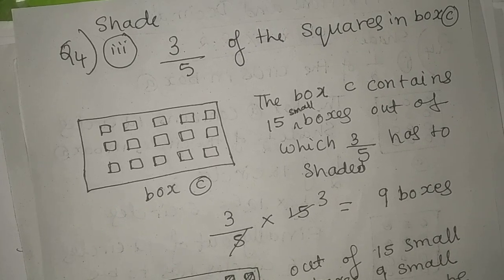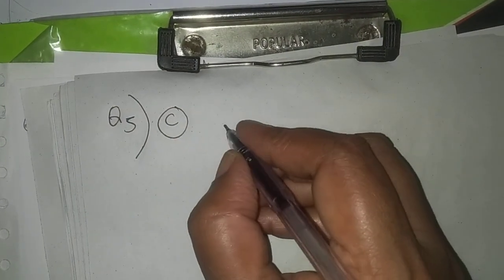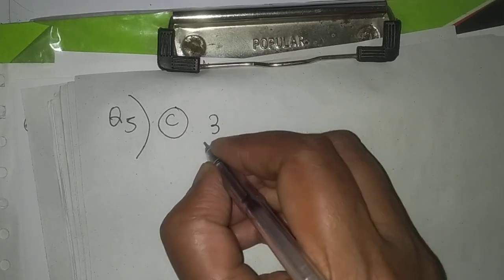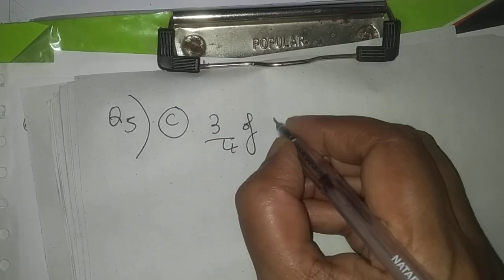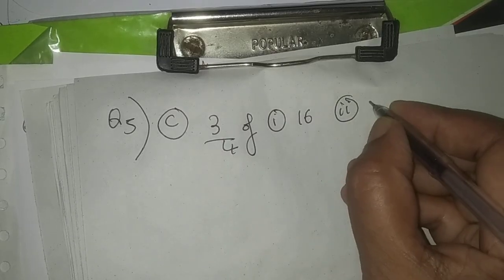Similarly we have C, that is question 5. C means 3 by 4 of, first is 16, second one is 36.